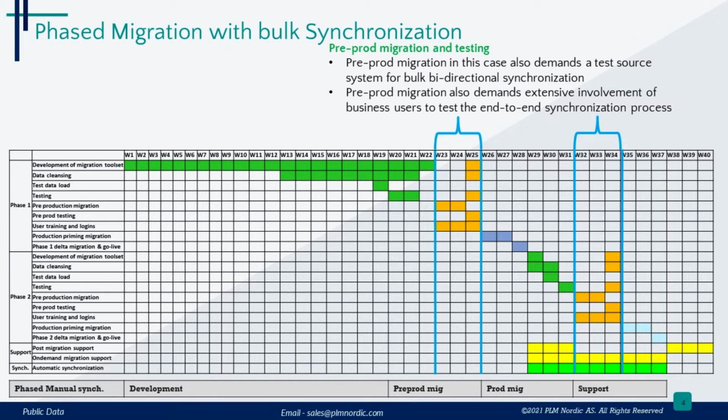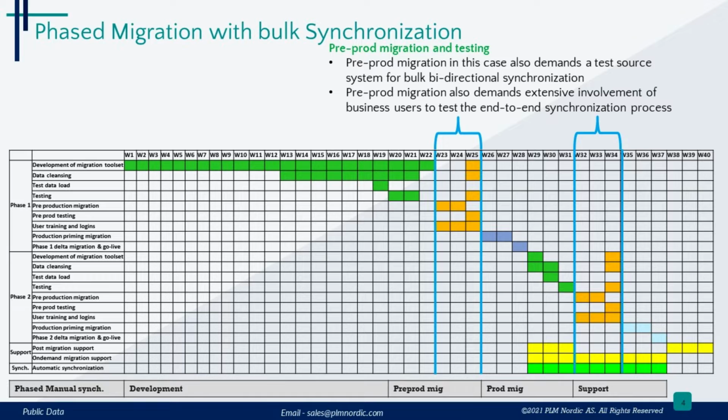In the pre-production migration and testing stage, we conduct a trial run before the actual data migration to ensure a smooth process. Specifically, for this type of migration, we need a test source system that allows us to practice synchronizing a large amount of data in both directions. This ensures that the mechanisms for bulk bidirectional synchronization work effectively.